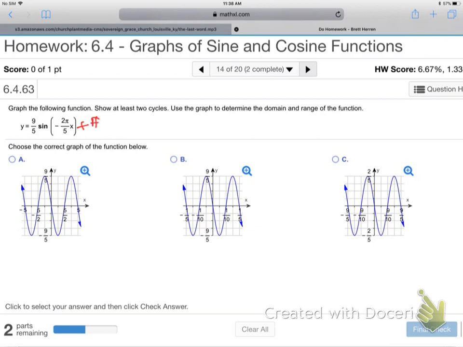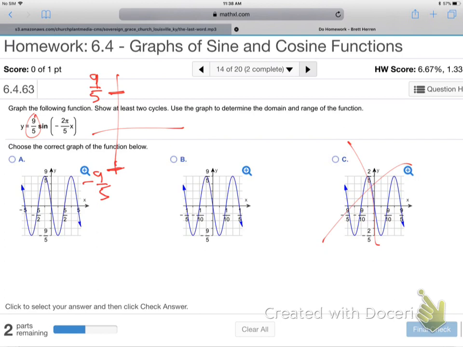So the midline has not been moved. The midline is just 0. And the amplitude is 9/5, so that just means it's going to go up to 9/5 and down to negative 9/5, right? Which looks like all the graphs do that. Oh, no, that one's out. Yeah, 2/5. No, that's craziness. Okay, so it's either A or B.